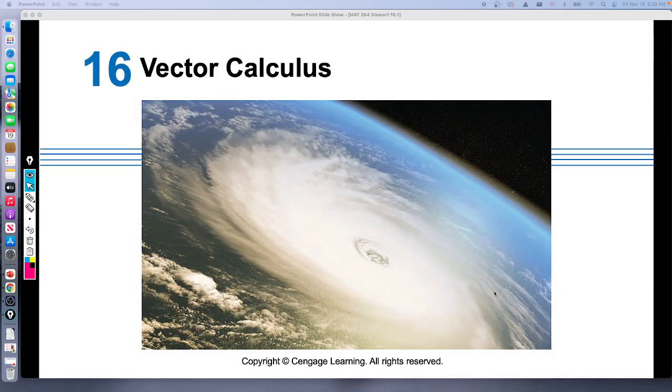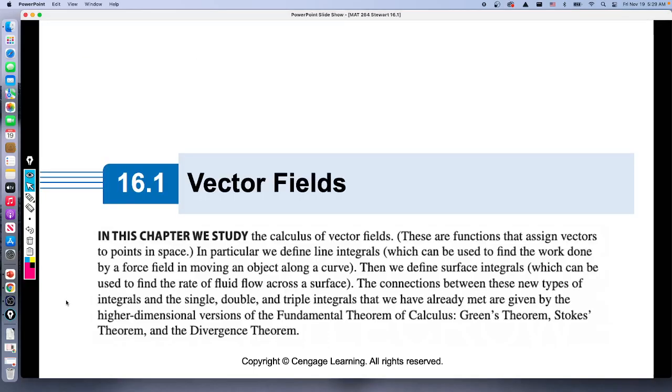But here's 16.1, vector and gradient fields. So, what is a vector field? Well, these are functions that assign vectors to points in space. We'll see some graphics of it. They can be used to find work done by a force field moving along an object.